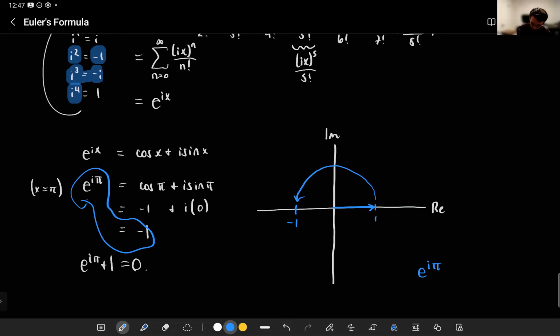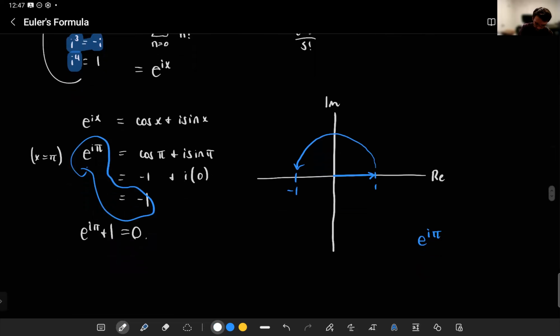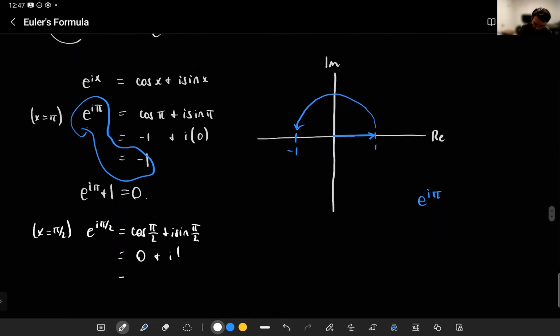This also ends up implying, I mean, we could try another thing. I could try x equals pi over 2, say. E to the i pi over 2, just use this formula, would be cosine of pi over 2, something we can figure out, plus i times sine of pi over 2, also something we can figure out. Cosine of pi over 2 is 0. Sine of pi over 2 is 1. So this should just be i.